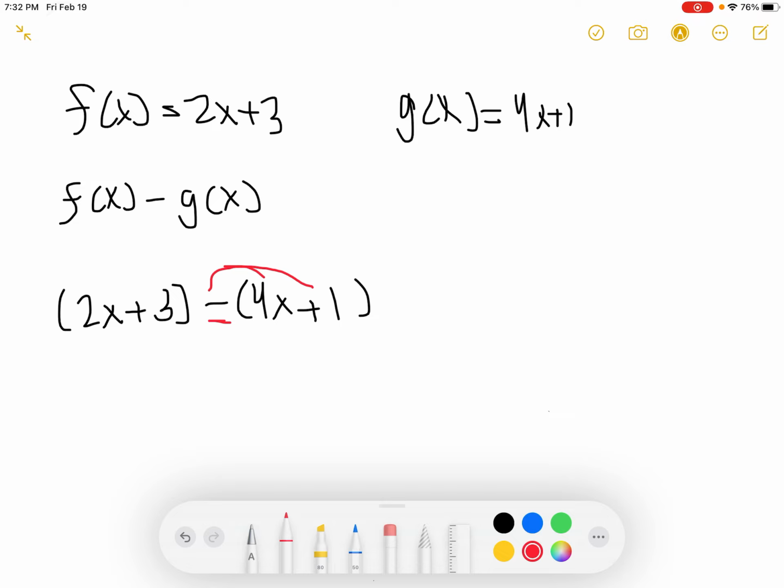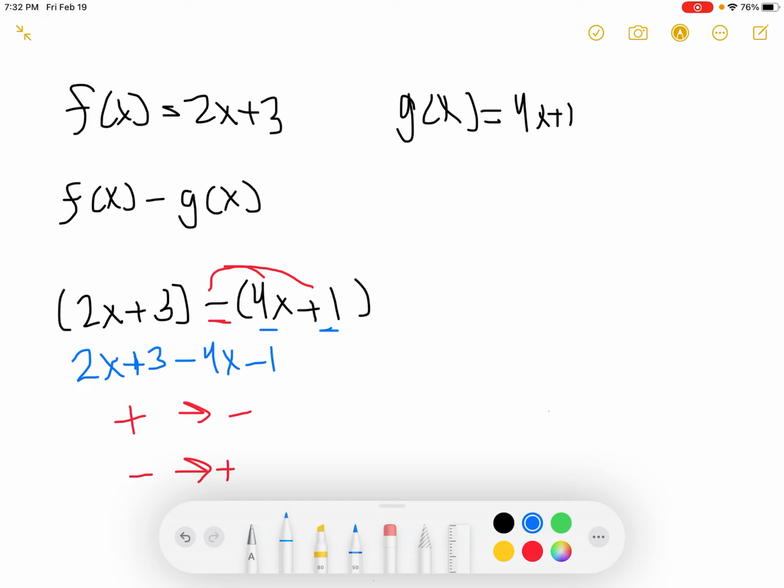And when you distribute a negative, anything that's in the parentheses changes what sign it is. So if it was positive, it goes to negative. And if it was negative, it goes to positive. But we have both positive for the 4x and 1, so they both turn negative. So now we have 2x plus 3 minus 4x minus 1.